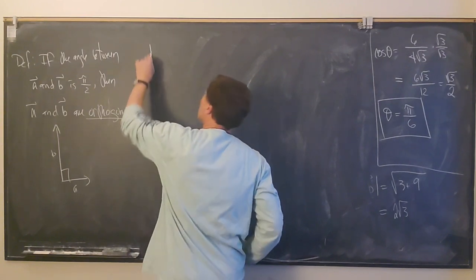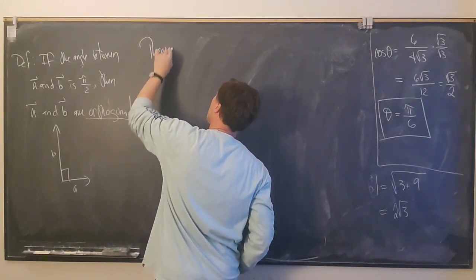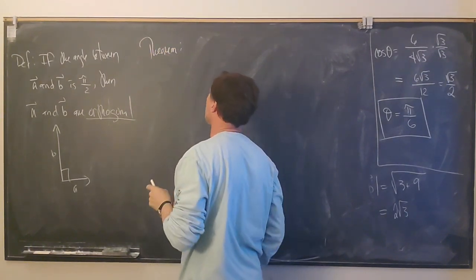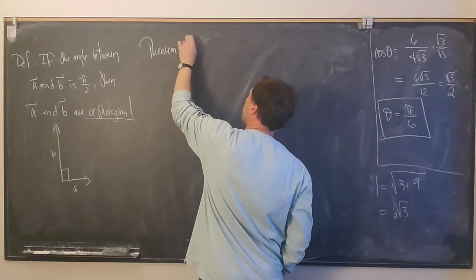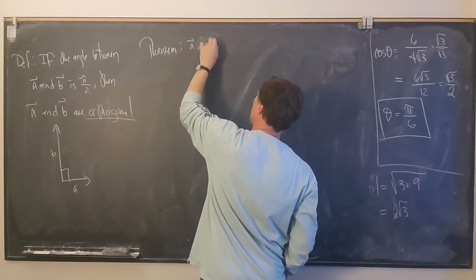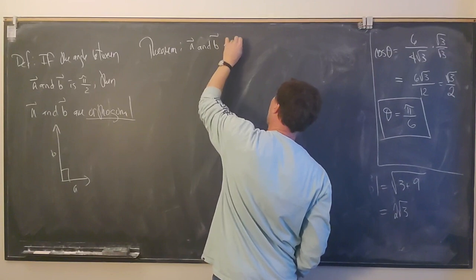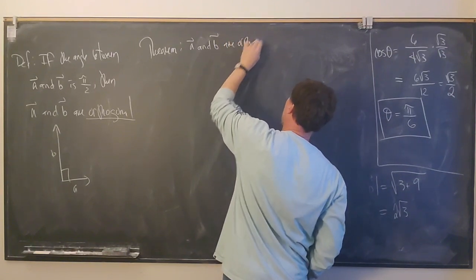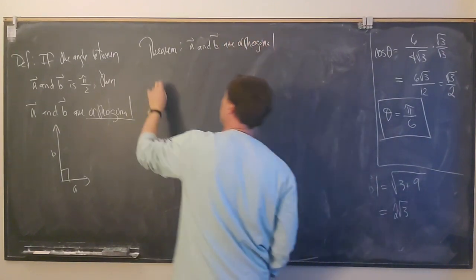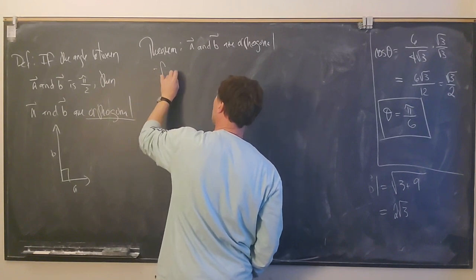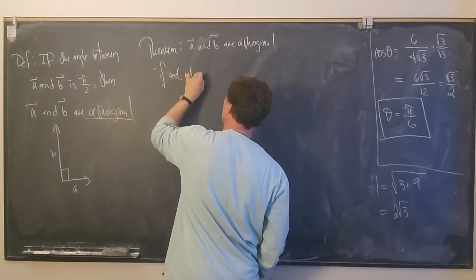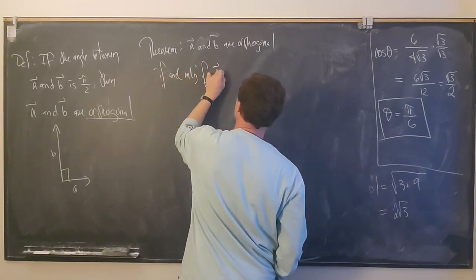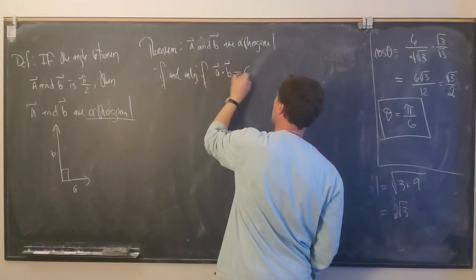So let's say theorem: A and B are orthogonal if and only if A dot B equals 0.